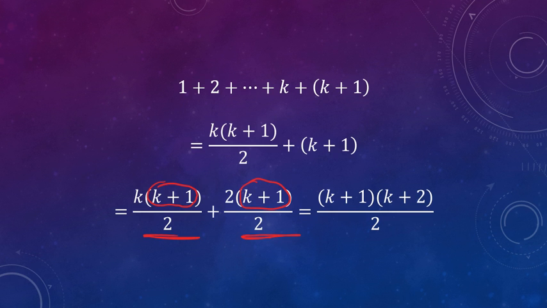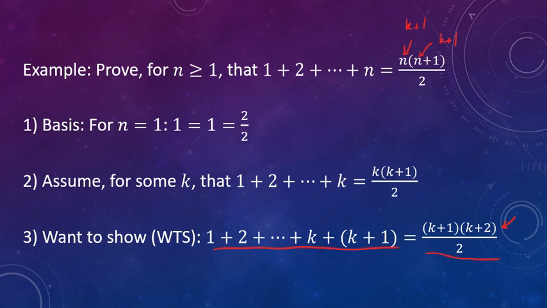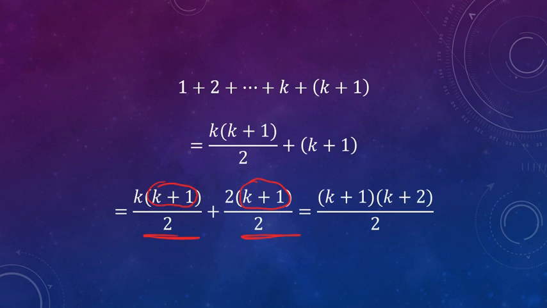And that is exactly what we wanted to show in our third and final step for this one particular problem. I wanted to show that 1 plus 2 plus k plus 1 was equal to k plus 1 times k plus 2 all over 2. And that is what we did using this short quantity of work.